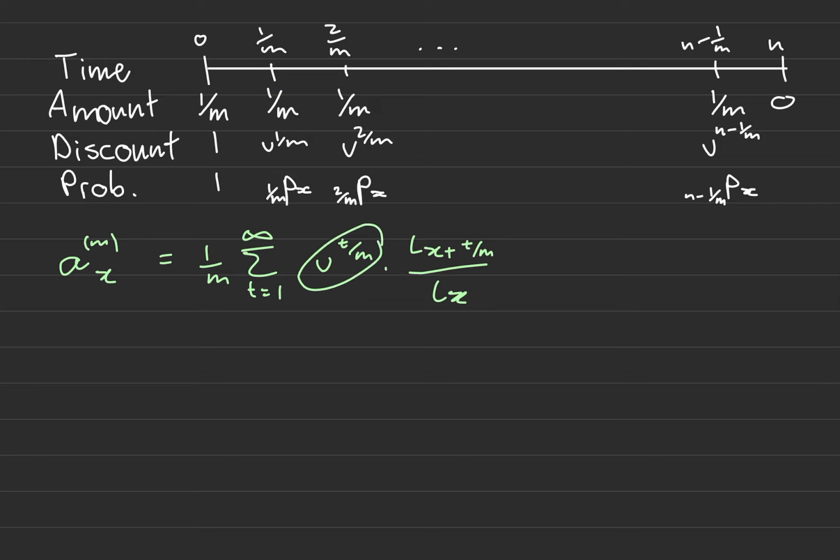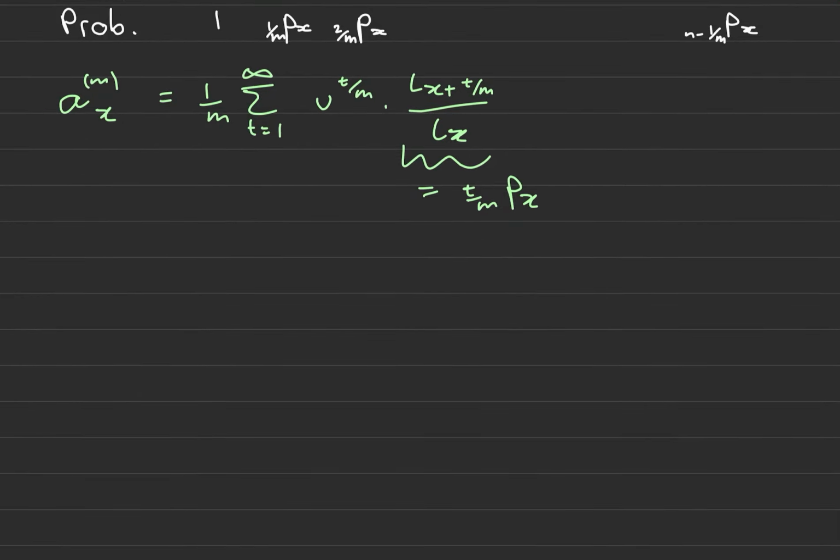And each of these payments occurs with a certain probability, that probability being l x plus t over m over l x, which essentially will be equal to t over m p x.